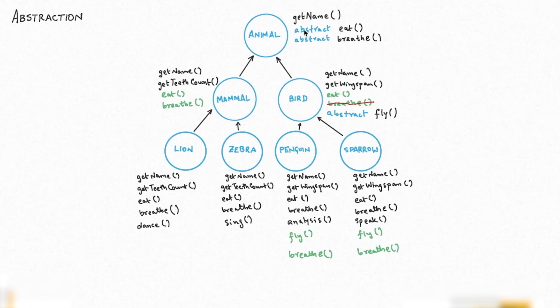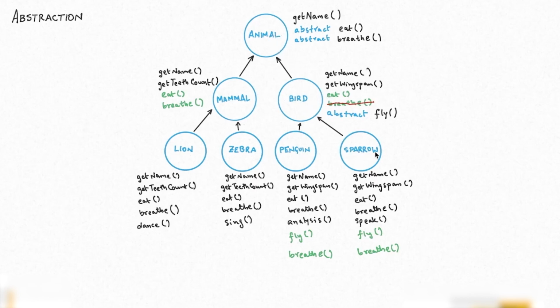So if animal has two abstract methods, eat and breathe, and if bird implements only the eat method, it overrides only the abstract eat method and does not override the breathe method, then some other child of bird must implement the breathe method at the end of the chain. This chain is animal, bird, sparrow. This is one chain. Animal, bird, penguin is another chain.